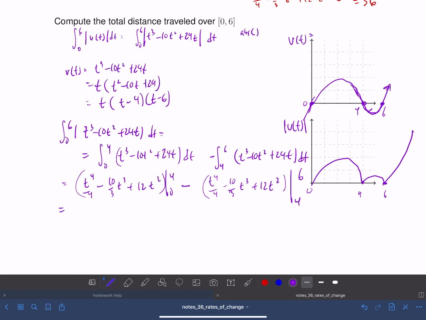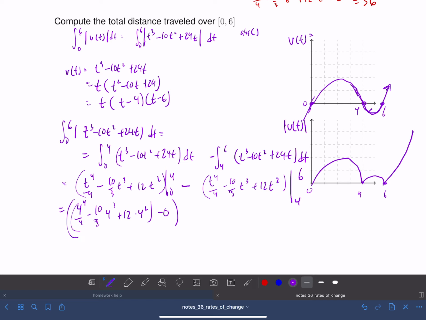Alrighty, now we just have to evaluate it. 4 to the 4th over 4 minus 10 thirds times 4 cubed plus 12 times 4 squared, minus 0.